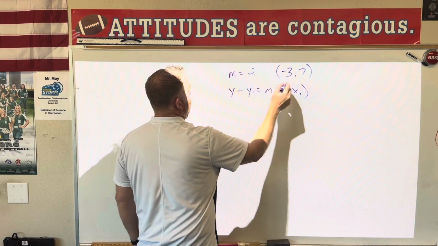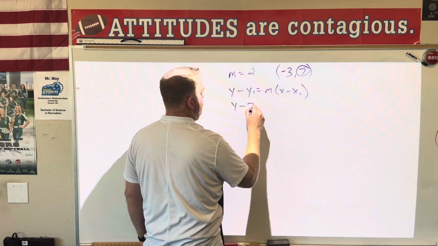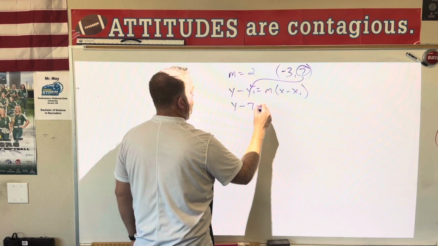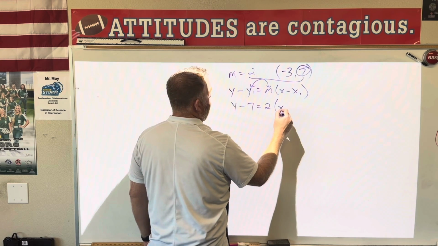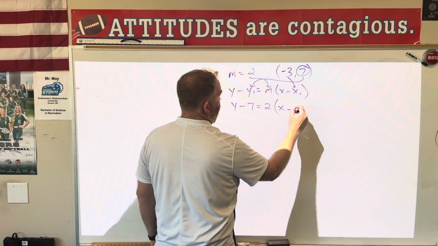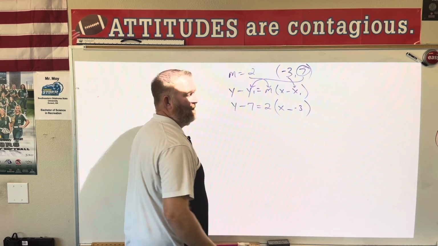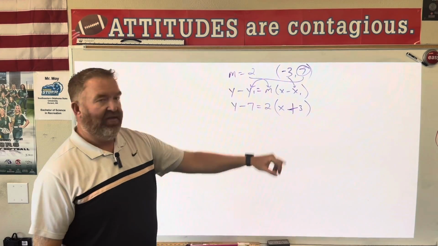Now, remember, y minus, what's y? 7. So the 7 goes here. My slope goes here, 2. And then x minus -3. So that double negative is going to make it a positive. If you guys remember in class, we talked about it. The sign will always change. There it is. I'm done.